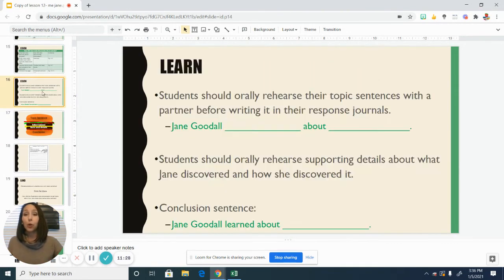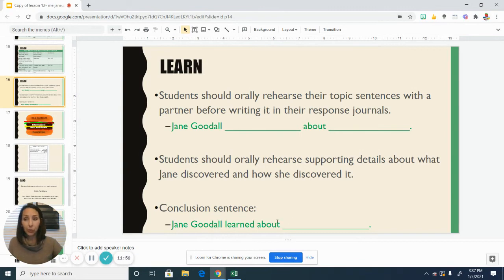So what you could use as a sentence frame to help you get started with the conclusion is something like, Jane Goodall learned about, what did she learn about? What was the question? Yeah, she learned about animals. So that might be a great way to end your informative paragraph.